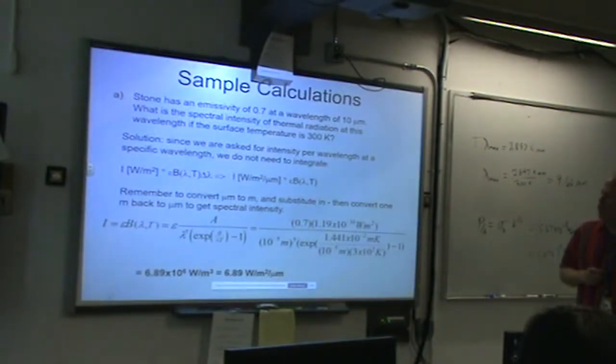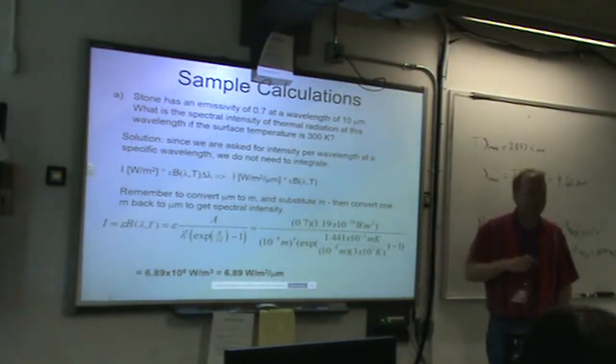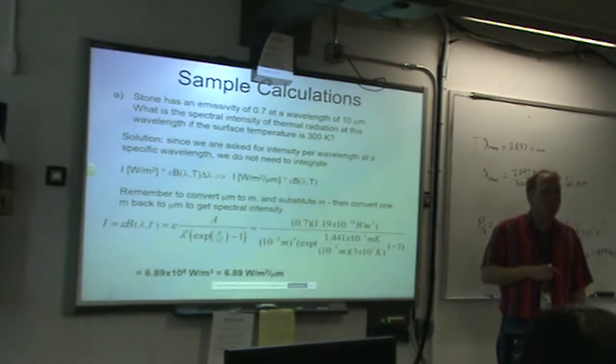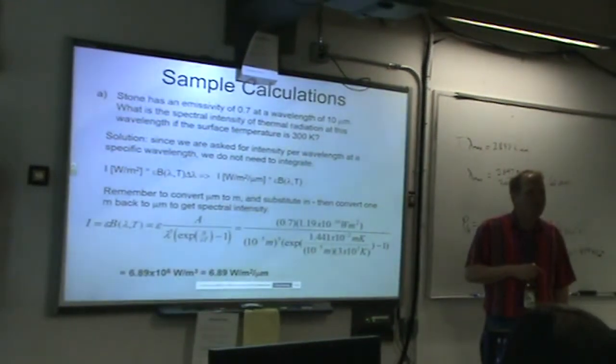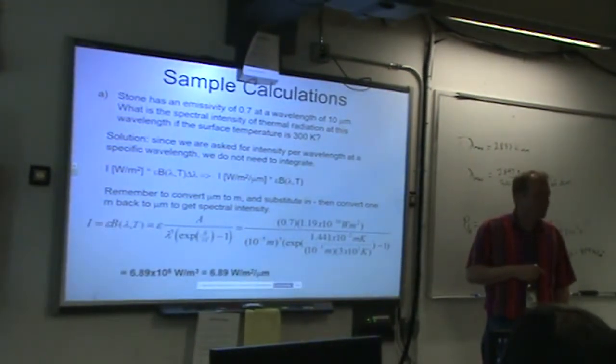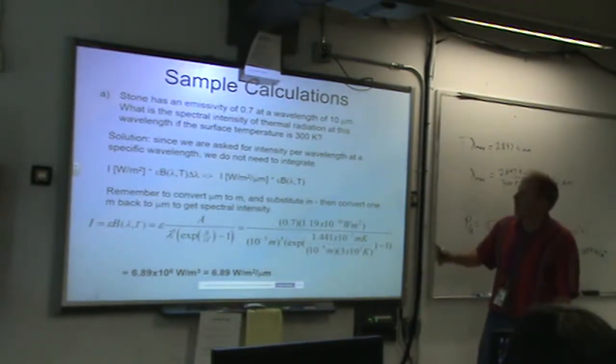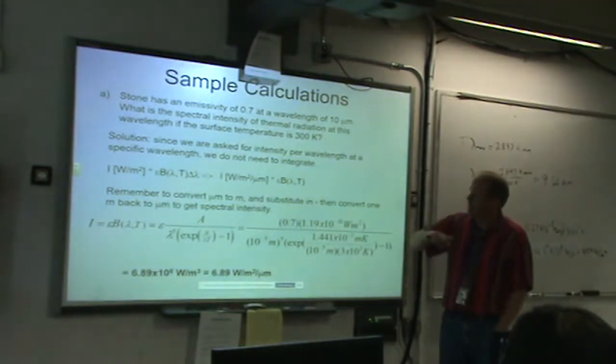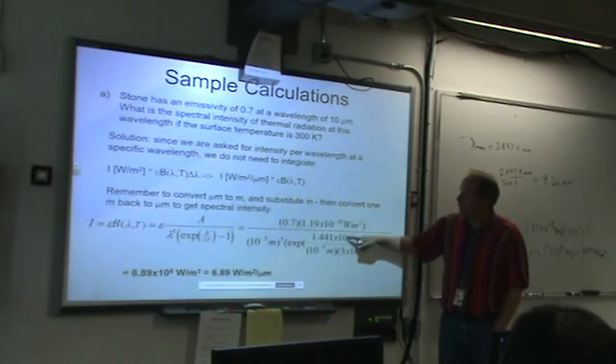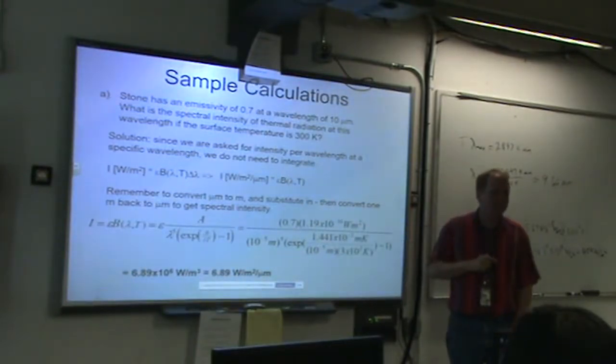Now, how many of you would plug all of these numbers straight into your calculator just the way you read it? Dangerous. What should you do? Work out each individual piece. First of all, you need to clear out the powers of 10. Always work out the powers of 10 before you go to your calculator.